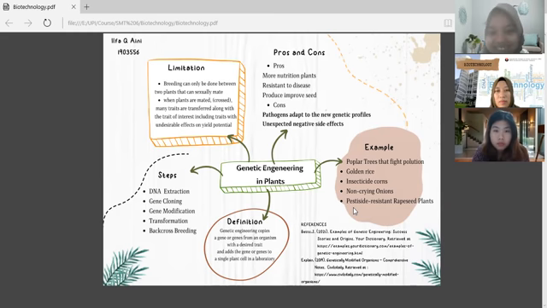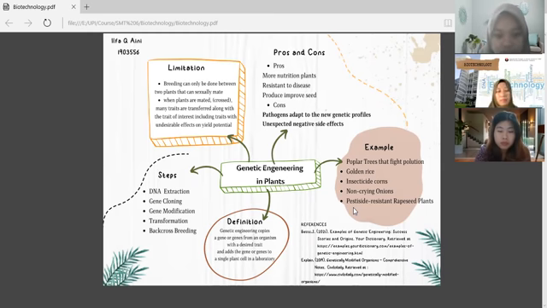Let's start talking about genetic engineering in plants. For the first, there's the definition of genetic engineering in plants. It means copying genes from an organism with a desired trait, or the edge of genes, to a single plant cell in the laboratory.